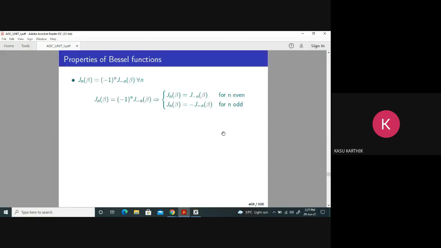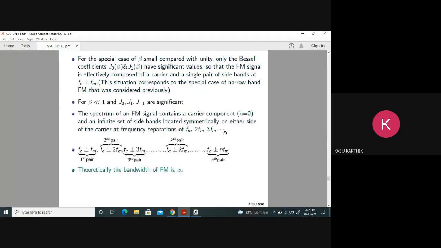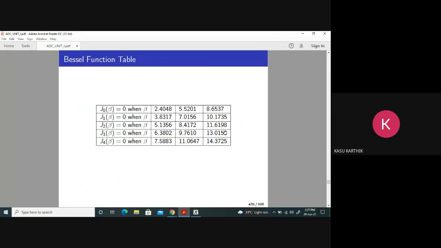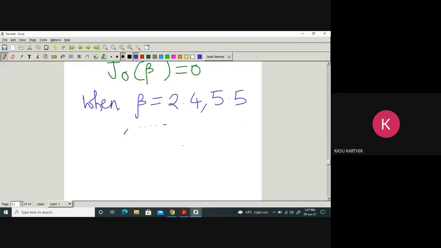Okay, so I have given some values for J0(beta). I have only given when it is becoming 0. Why is it so important? When J0(beta) equals 0, what does it imply? It implies no carrier component.